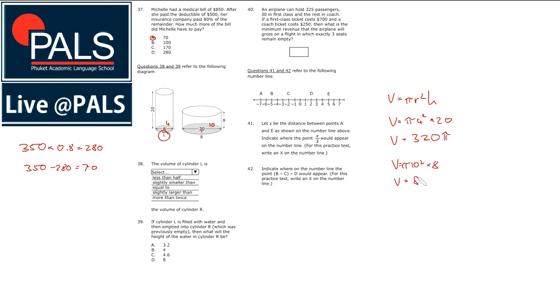So we're left with 800 pi, and we can see that the volume of cylinder L is less than half of the volume of cylinder R. Now 320 is less than the half of 800. The half of 800 is 400, 320 is less than that.